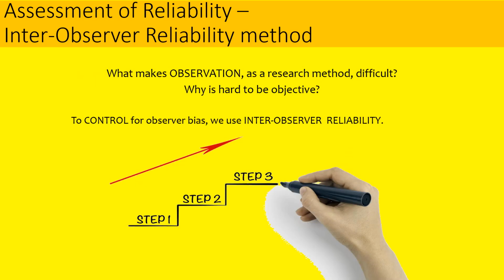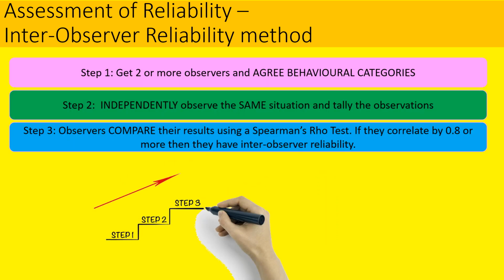The second type is inter-observer reliability, and my students, I know you've done this in the first year. It's about comparing results or tallies from an observation. Inter-observer reliability is assessing the reliability of an observation, and there are three steps. Step 1, get two or more observers and agree behavioural categories.